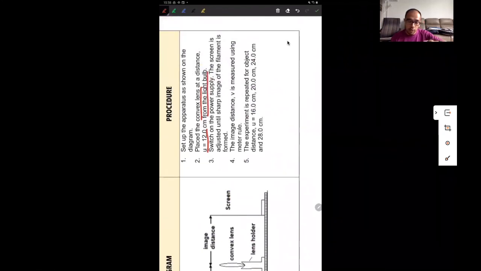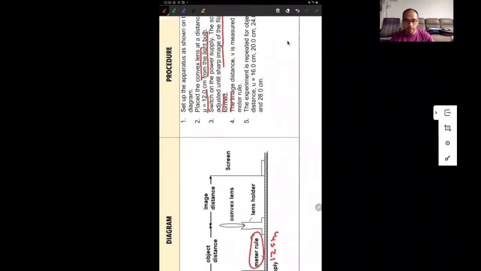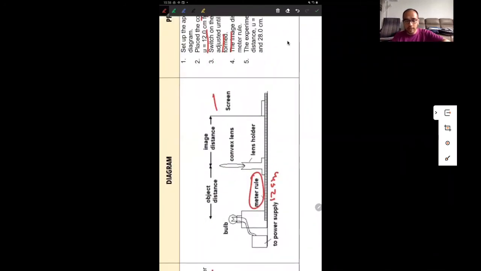And then after that, you switch on the power supply, and the screen is adjusted until a sharp image of the filament is formed. Means on this screen over here, you can see the picture of the light bulb. Then after that, you measure. The distance from here to here, you measure using a meter rule.